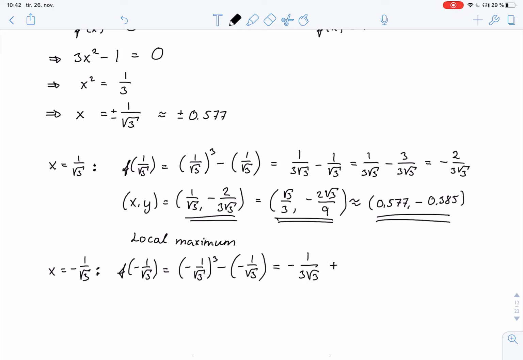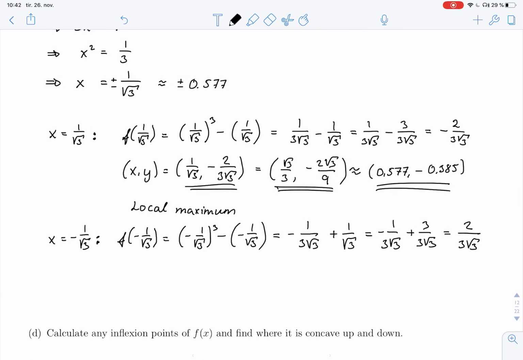And then we get a plus since it's minus times minus. We expand the last one, and we get 2 over 3 square root of 3. So we now have xy equals to minus 1 over 3 square root of 3, 2 over 3 square root of 3.